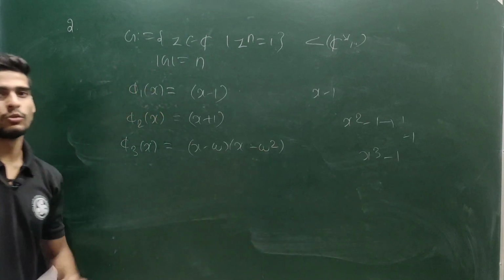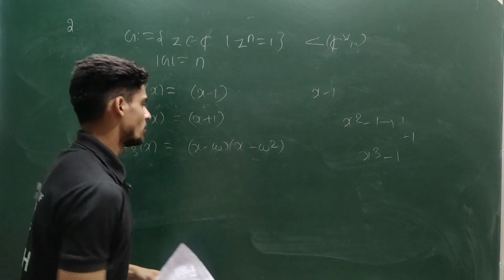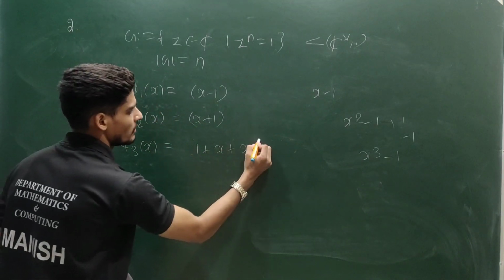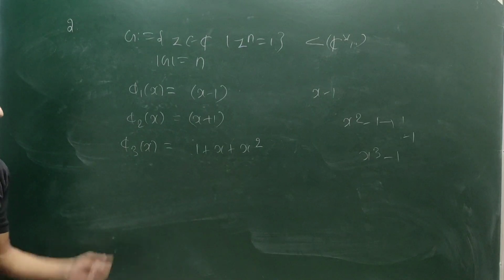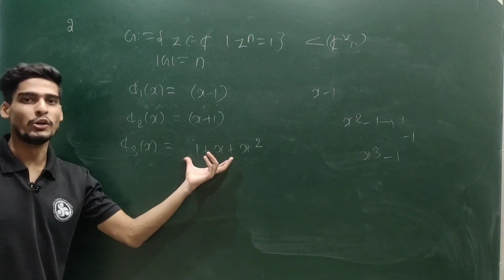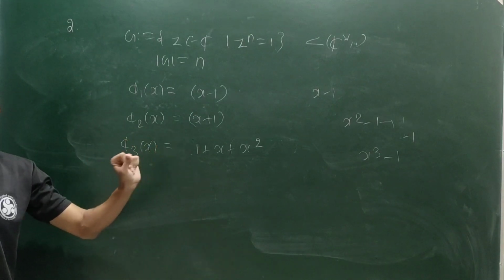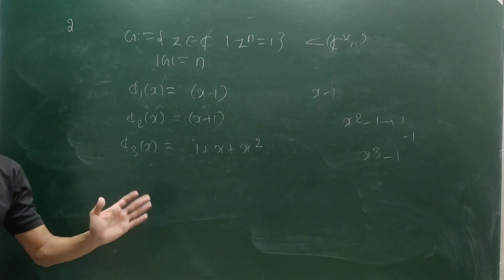But we want to write the factorization over Q, so you cannot use complex numbers. So you can write 1 plus x plus x square. If you find the roots of this equation, you are going to get omega and omega square. So this is my phi 3 x and this is irreducible over Q. So this gives you the irreducible factor in the expansion of x power n minus 1.